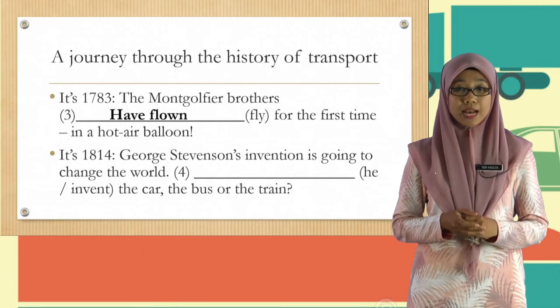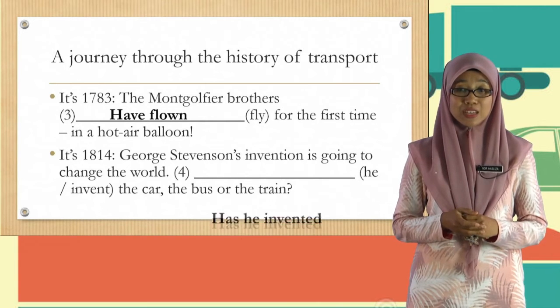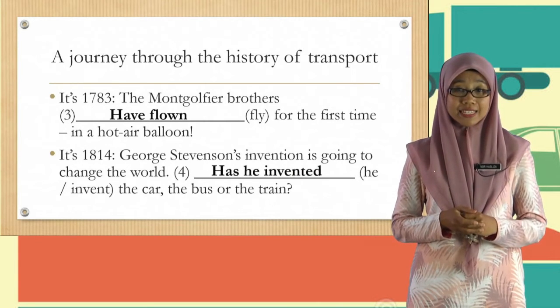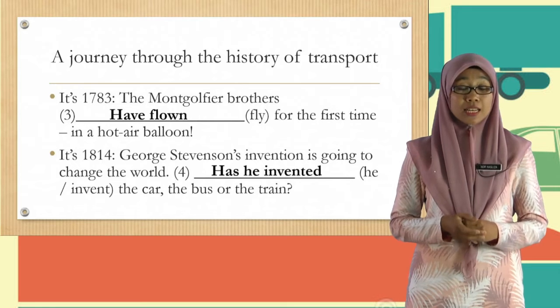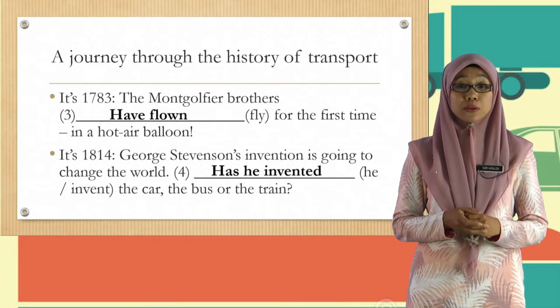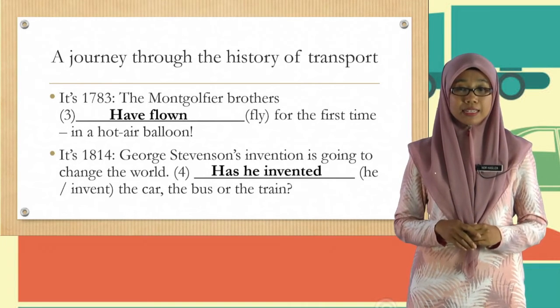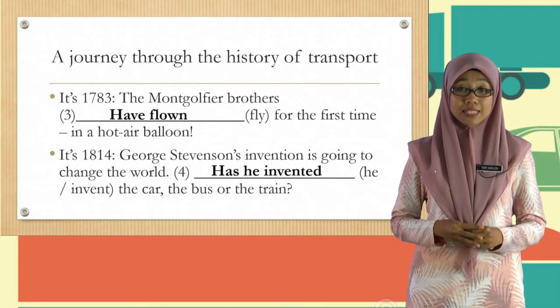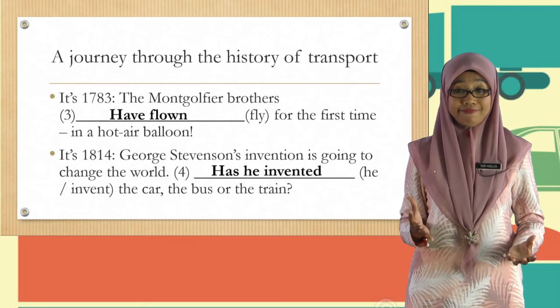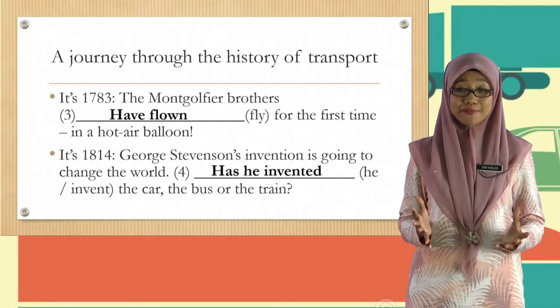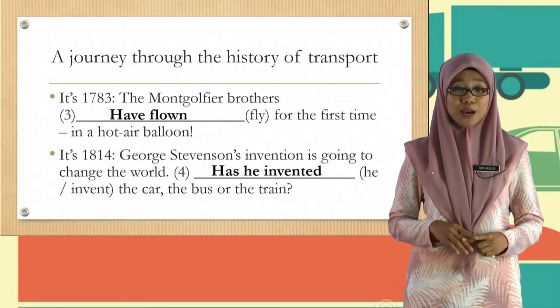So what is the answer for number 4? Has he. Why do we need to use has? Because the subject is the singular noun, he. Has he invented the car, the bus or the train? Can you understand? Okay, let's continue our journey.